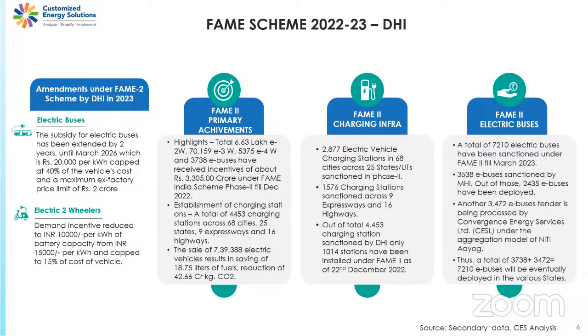But as I was earlier saying, in 2022-23 the sales dipped. And what was the reason for that? In June 2023, DHI again reduced the incentive for two-wheelers from 15,000 to 10,000 per kilowatt-hour, and capped it at 15% of the cost of the vehicle, which created a shock, and the sales for June, July, and August were flatlined and quite low.